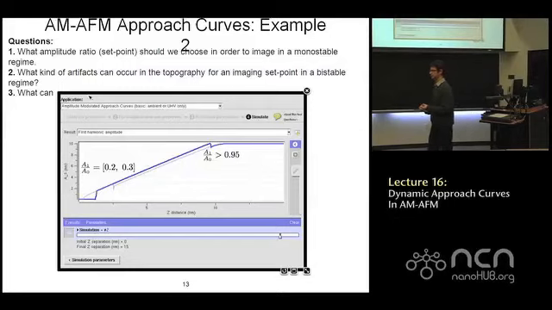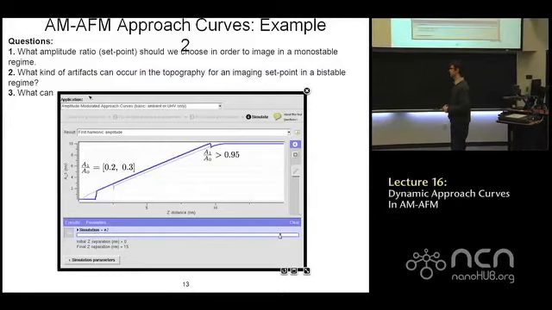If you take an image, you're basically making a mapping of interaction forces. If you're using long-range forces, they come from a larger region of the sample. So when we're tapping on the repulsive forces, we probably get a better resolution image.